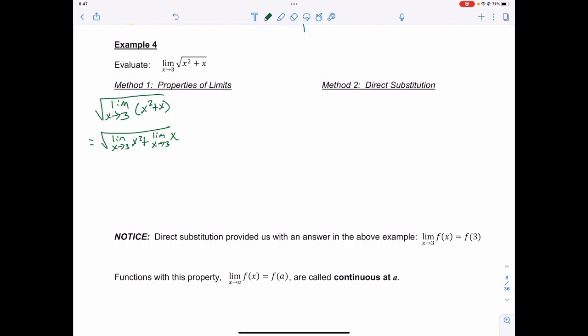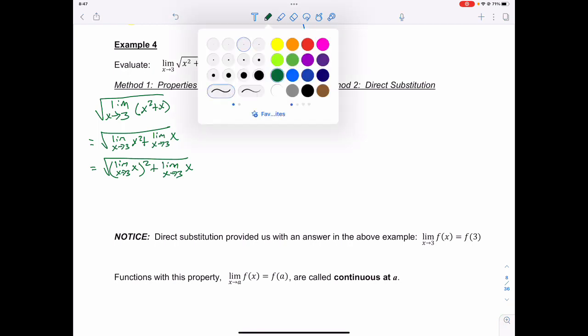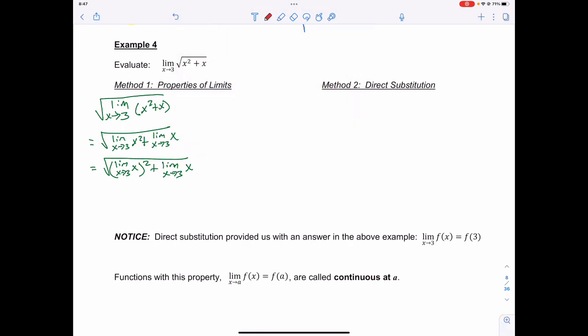I can use my power rule for the first one. The square root of the limit as x approaches 3 of x squared, and combined with the limit as x approaches 3 of x. Now that we're taking the limit as x approaches a value of x in both cases, I can just substitute the limit of that for what x is approaching.